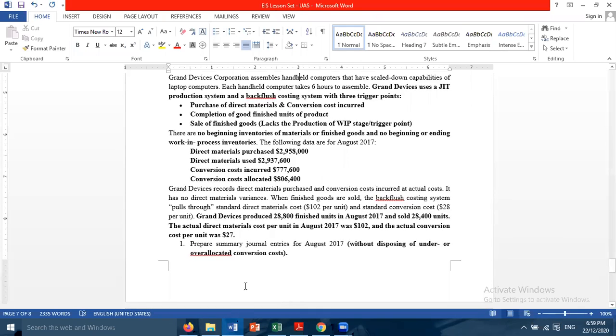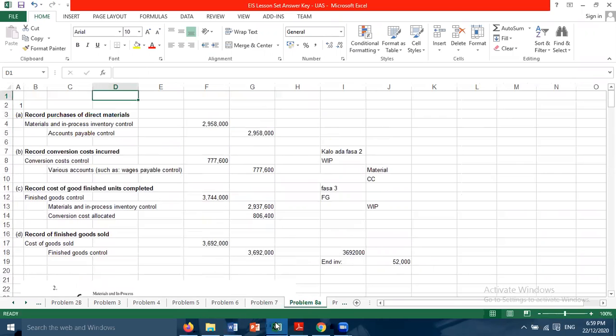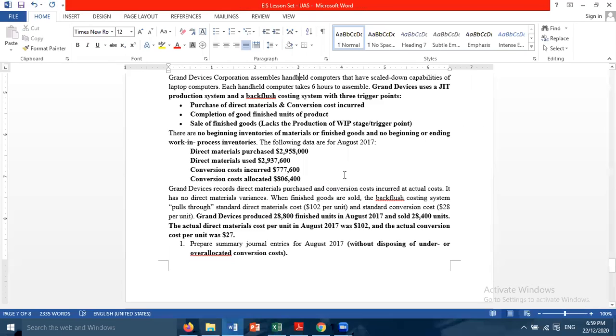So all we need to do is just record journal entries for those 3 trigger points. So the first one is to record purchase of direct materials, which is materials and in-process inventory control debited and accounts payable control credited, by the amount purchased.